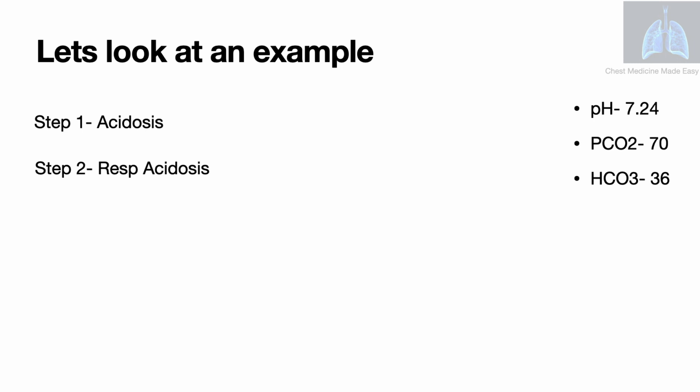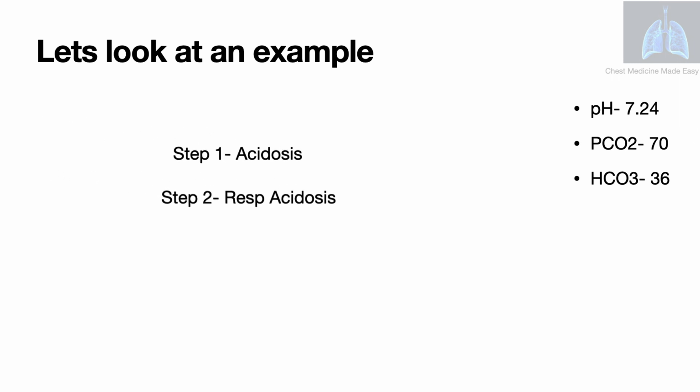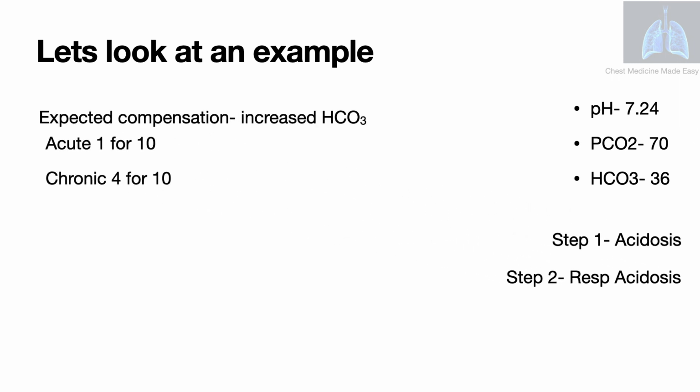Now, what is the compensation here? The compensation would be increased bicarbonate levels, but how much would the bicarbonates increase? So the expected compensation is in an acute setting 1 for every 10 and in a chronic setting 4 for every 10 change in PCO2.